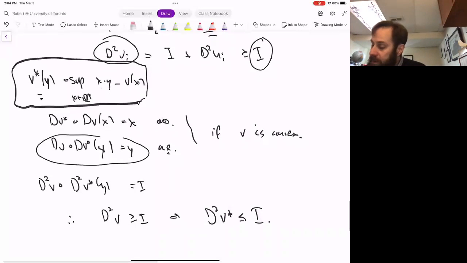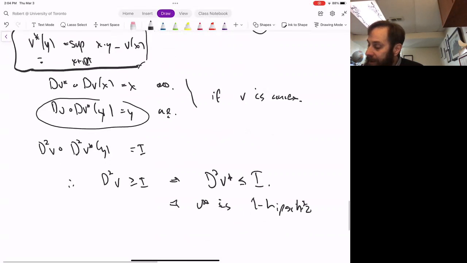So in other words, it implies grad v star is 1-Lipschitz, i.e. non-expanding.